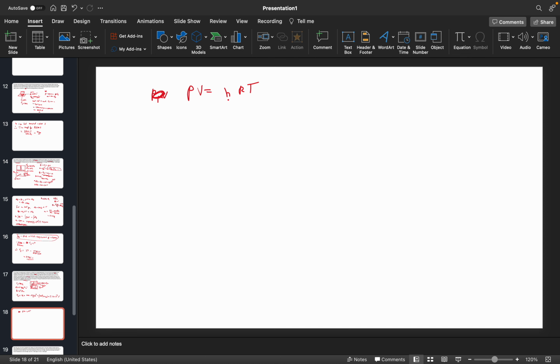In this case, if the number of moles remains constant and R is always a constant for the same gas, we can write PV by T is a constant. So initially we know P1 V1 by T1, and this one we can write as P2 V2 by T2.